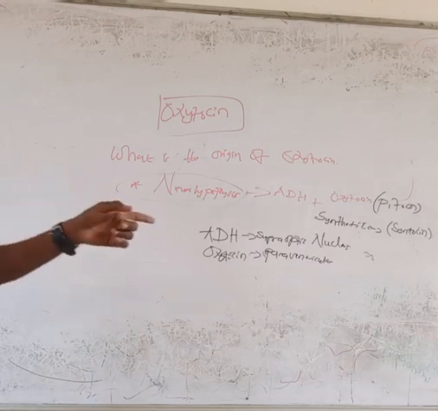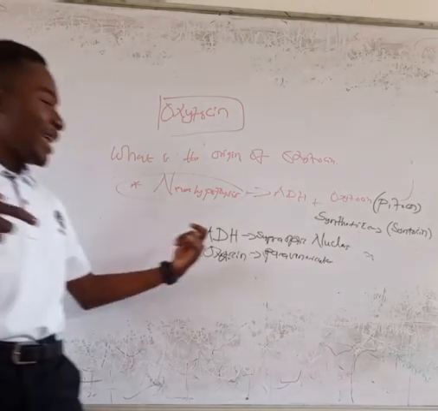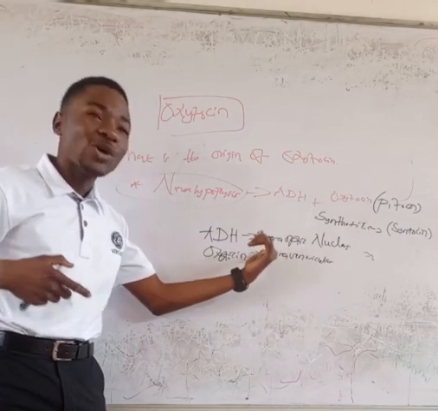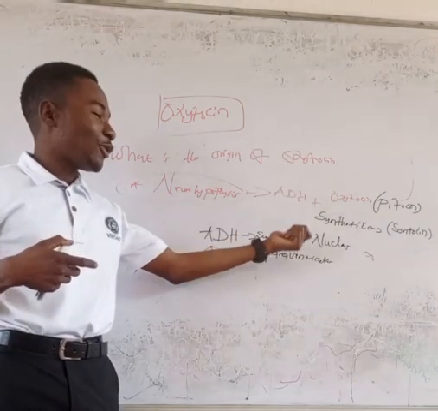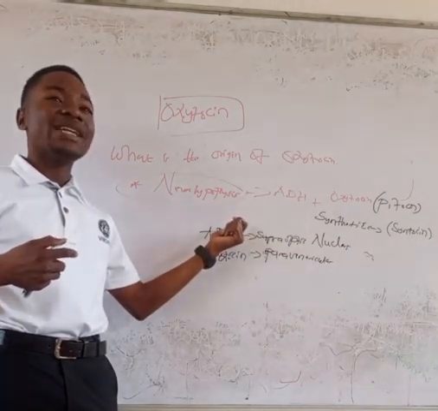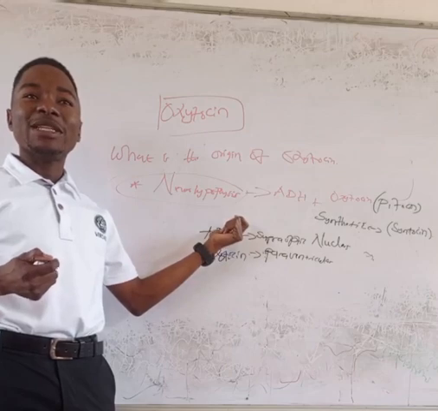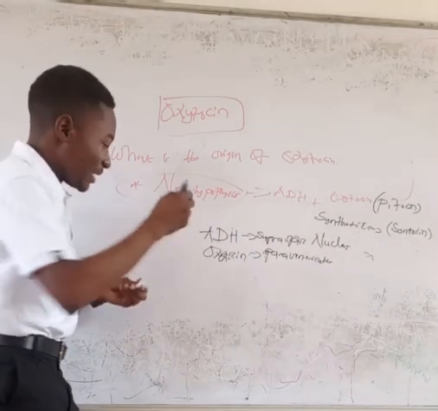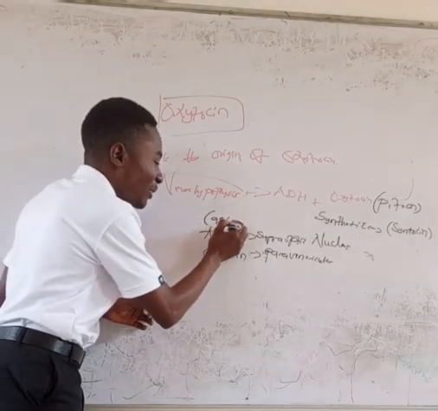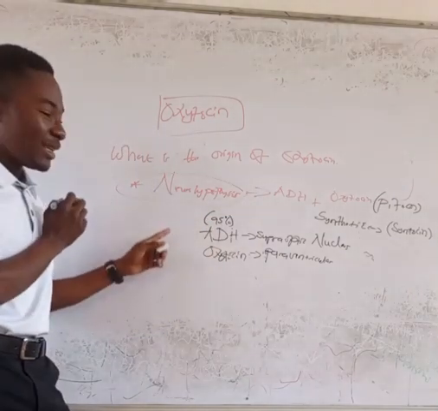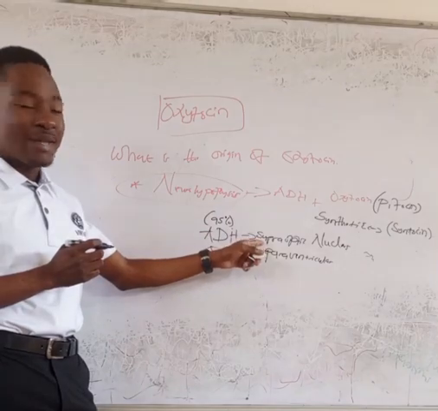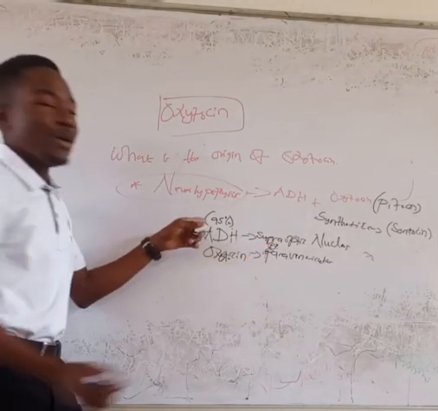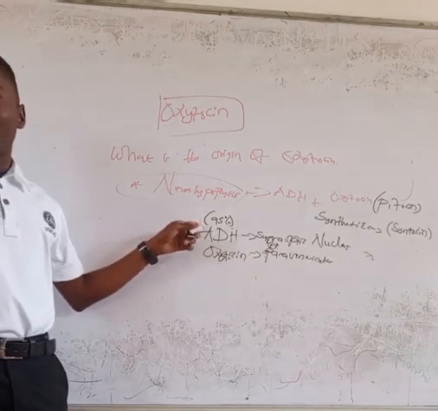This is correct because ADH is produced by the supraoptic nucleus, but the paraventricular also adds some to make it 100%. In assumption, we can assume that 95% is produced by the supraoptic nucleus, and then this one adds 5% for ADH.